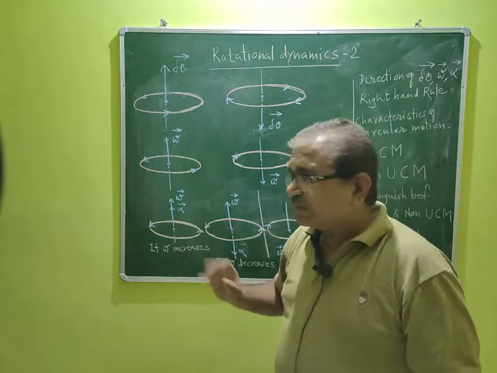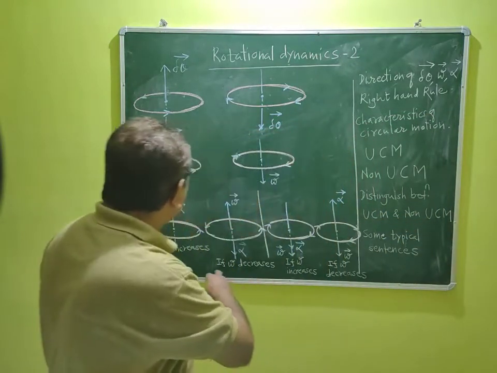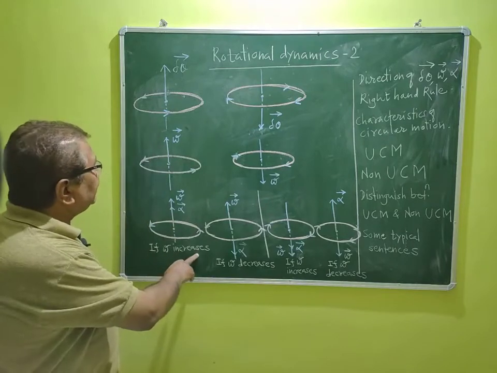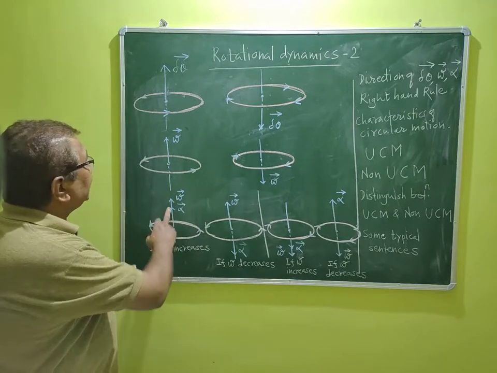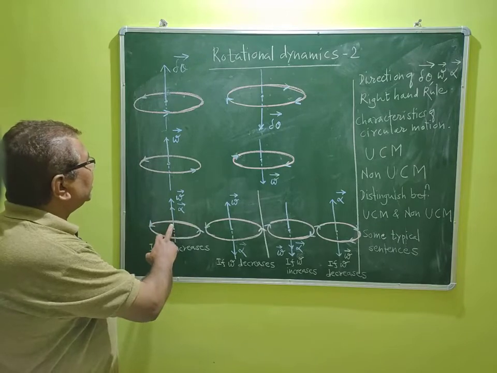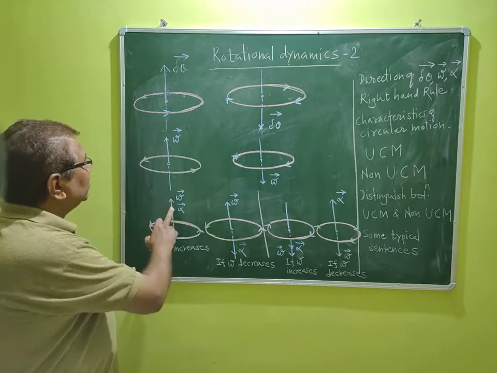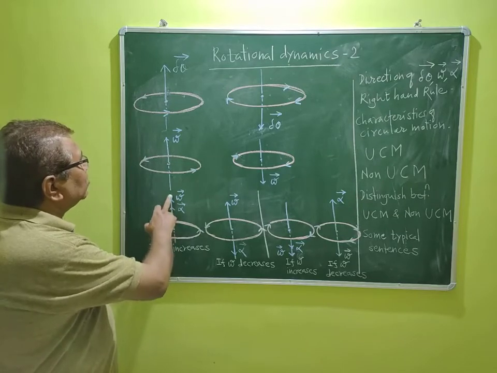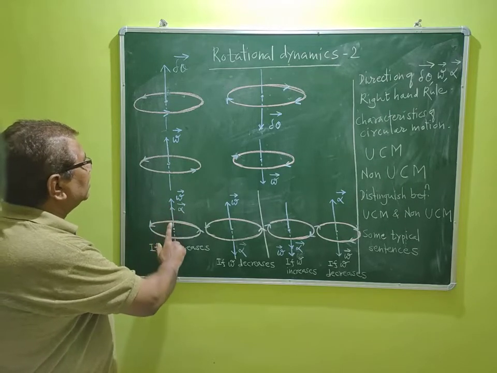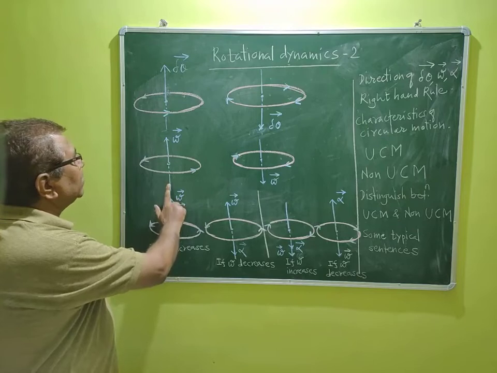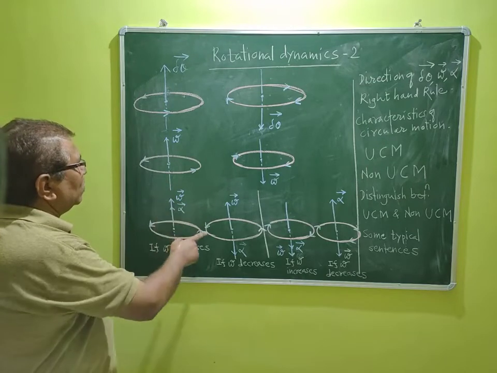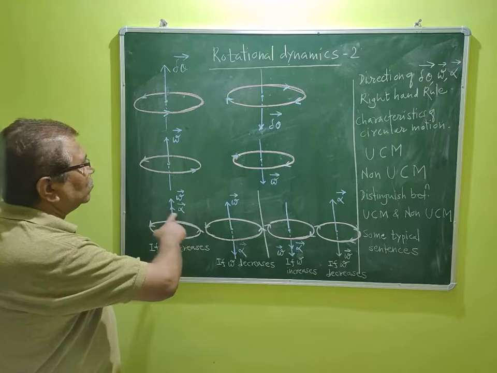So if angular velocity omega increases, then the direction of omega and the direction of alpha, that means the direction of angular velocity and the direction of angular acceleration, are both along the same direction, which is upward when the motion is anti-clockwise.